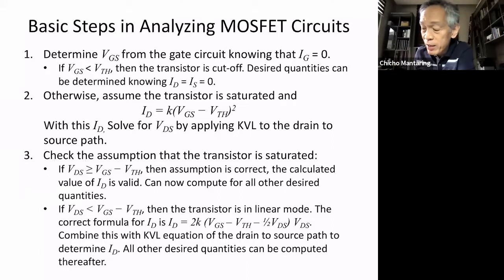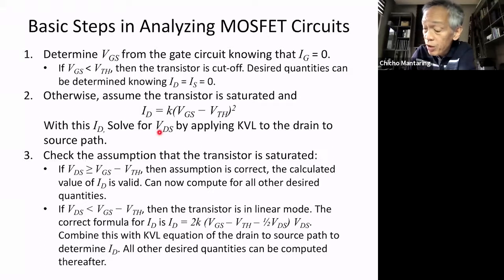Here in the MOS transistor, we assume that the transistor is in saturation, and therefore ID is equal to K times (VGS minus VTH) squared. With this ID, you solve for VDS by applying KVL to the drain to source path.